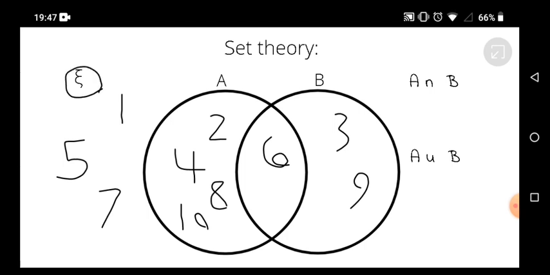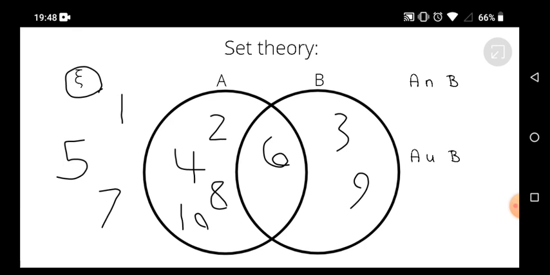This is the lowercase Greek letter Xi, and it's a universal symbol, so it means everything in our set. If we were to draw a box around that, everything would go inside. Some goes in a Venn diagram, but some don't belong to either of the groups but are still part of our set. We have to draw those outside of it, and there usually will be a box around this as well. So if you imagine the limits of the screen being the box, these numbers are still in there.